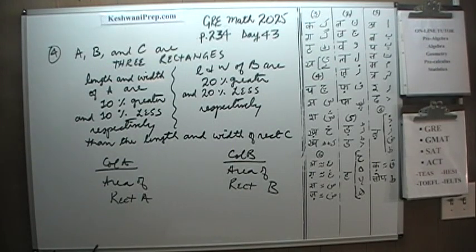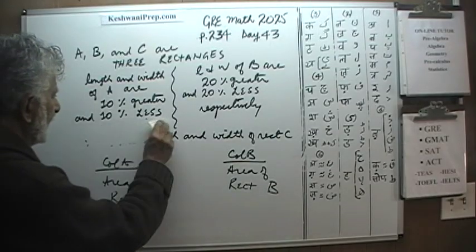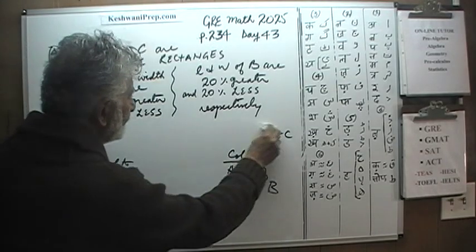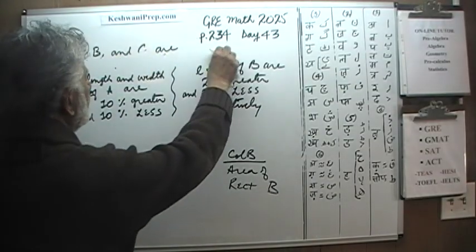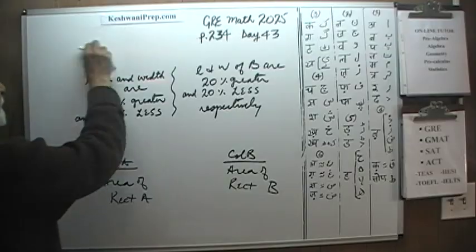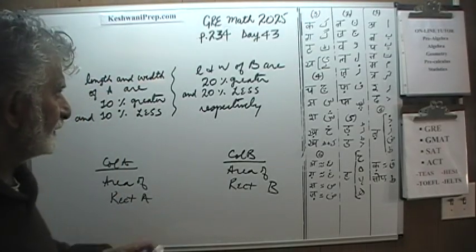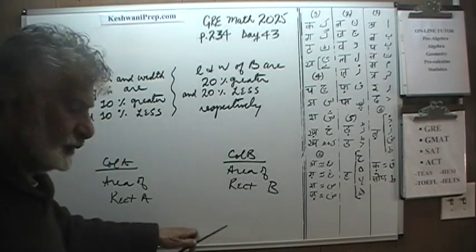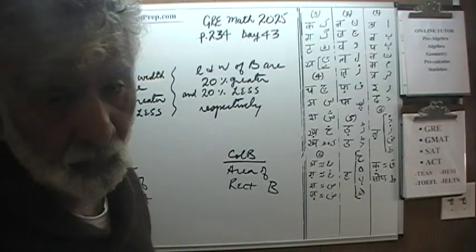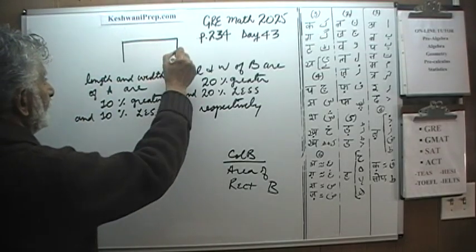So let's see what we can do. We need the room, so I need the space. Let's squeeze something somewhere. I don't want to erase this part yet. First thing we need to do is to have our rectangle that is our point of reference, and the rectangle that is the point of reference is rectangle C. So let's draw a rectangle of our own, rectangle C. Keep it simple.